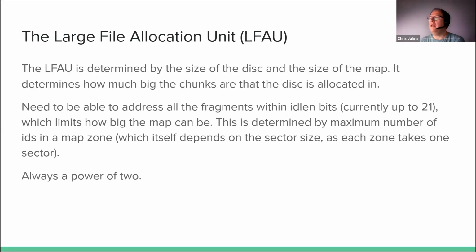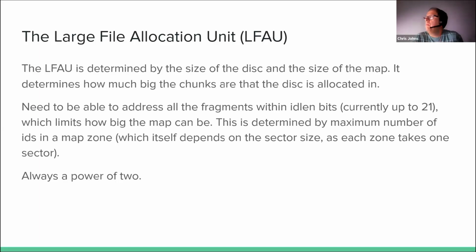And everyone's favorite, the LFAU, the large file allocation unit. I kind of touched on this a little bit earlier with the old 3.6 era stuff. It determines basically how big things are on the disk. It's the scale of the map.